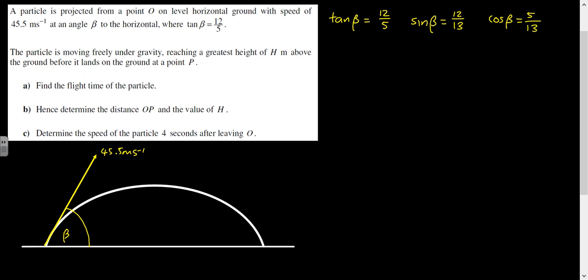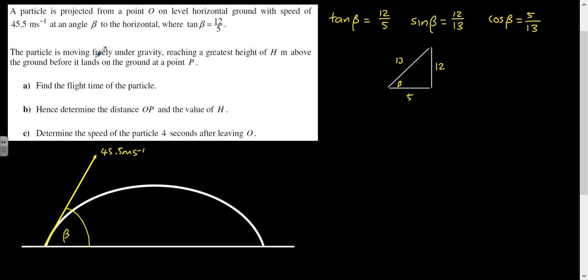And in case you are wondering, it's this triangle here. Very roughly drawn, but hey. So with this triangle, we have our angle beta, we have 12 here, 5 here, and we can work out that the hypotenuse is 13 using Pythagoras.